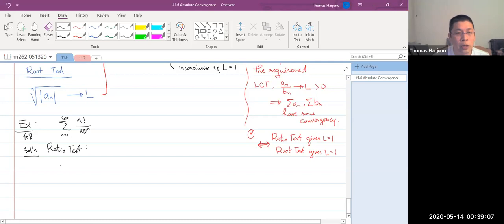The absolute value of the n plus first term over the nth term equals n plus 1 factorial over 100 to the n plus 1, over n factorial over 100 to the n. I ignore the absolute sign because it's positive anyway. Feel free to skip that step. Basically, the n plus first term multiplied by the reciprocal of the nth term.